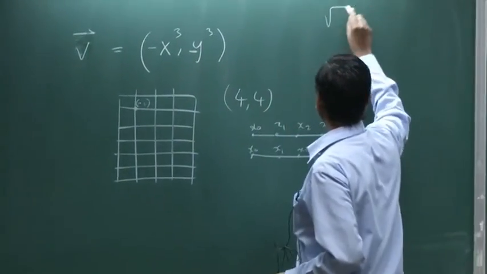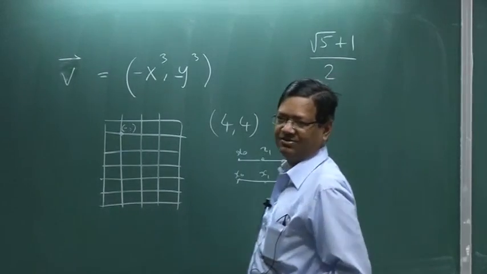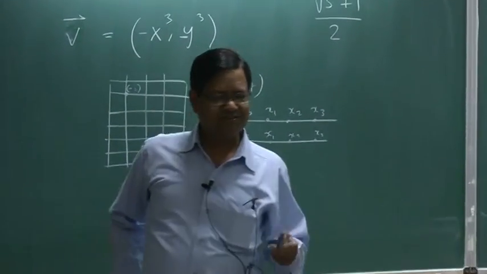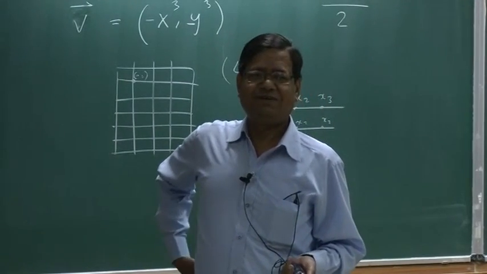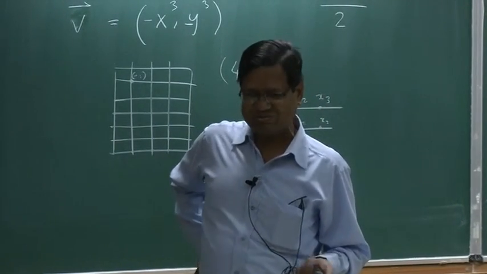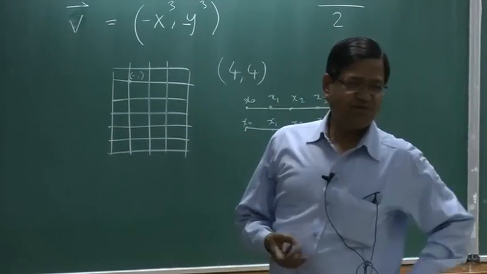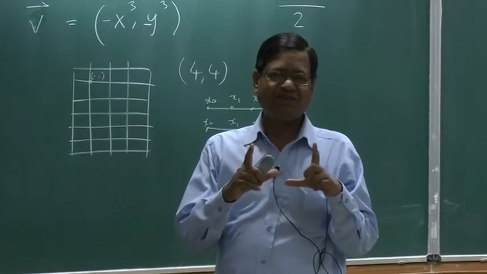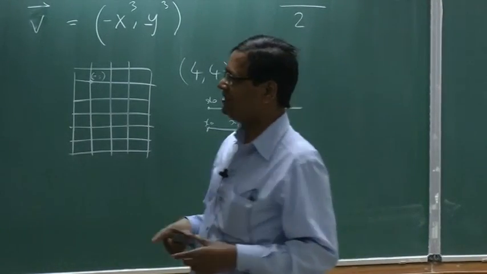It is root 5 plus 1 by 2, which is 1.6 something. People have supposedly done some experiments and this looks most pleasing. So normally the shape is like your card shape.